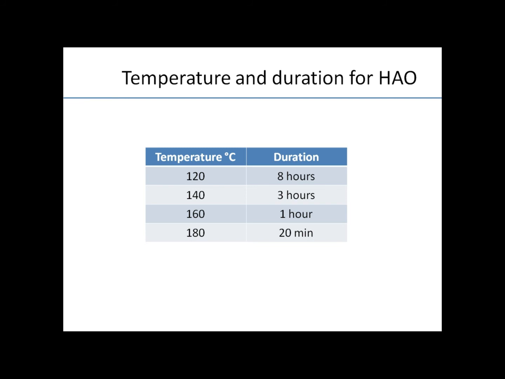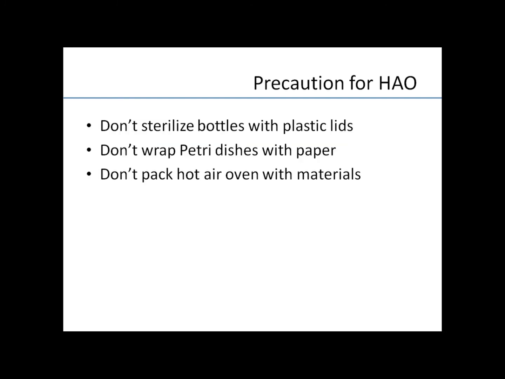Most researchers follow the third temperature duration relationship, that is 160 degrees Celsius for 1 hour. There are certain precautions to be used for the hot air oven, like don't sterilize bottles with plastic lids, don't wrap Petri dishes with paper, and don't pack the hot air oven with materials.